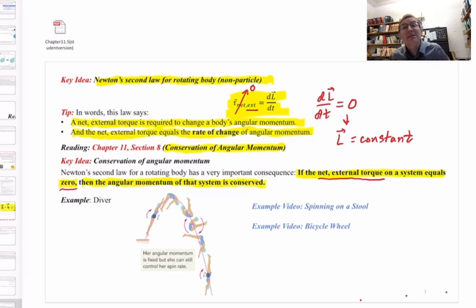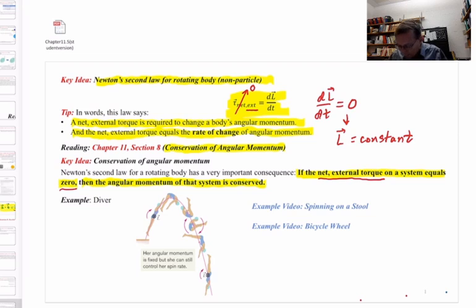Let me give you now some examples, though, where, in the real world, you can see conservation of angular momentum in action. An example taken from your book, taken with a series of drawings here, is a diver diving from a board or a platform into a pool. And you've seen many things like this, and you've seen really impressive dives, but here's the basic idea.